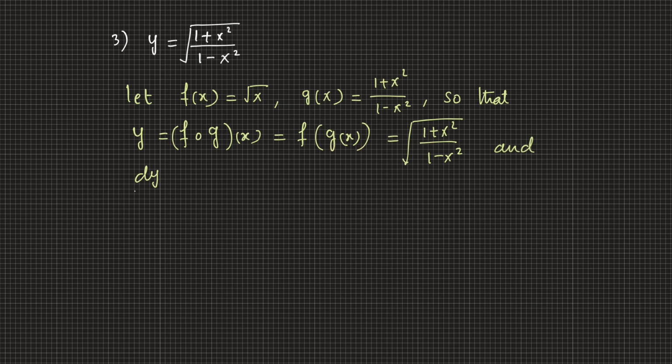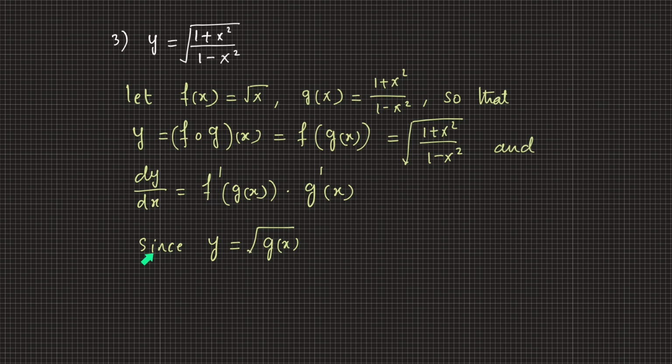and dy/dx equals the derivative of the outside function times the derivative of the inside function. Since y can be written as y equals root g of x, dy/dx is equal to 1 over 2 root g of x times the derivative of the inside function g of x.